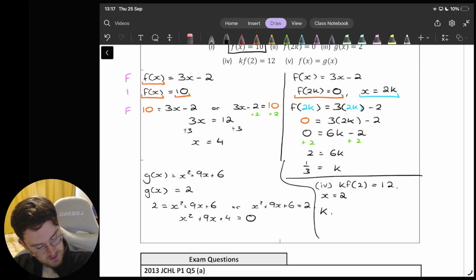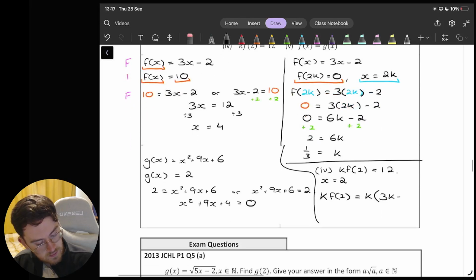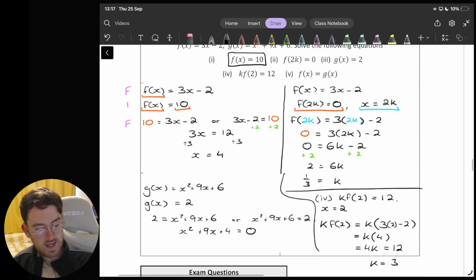K times f of 2 is k times 3 times 2 minus 2, which is k times 6 minus 2, excuse me, 4. So 4k is equal to 12, so k is equal to 3.